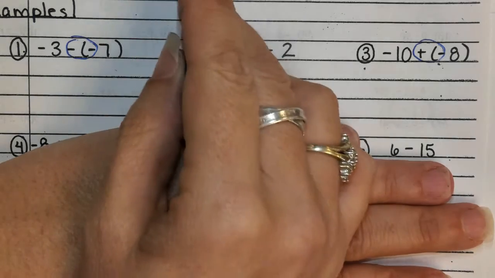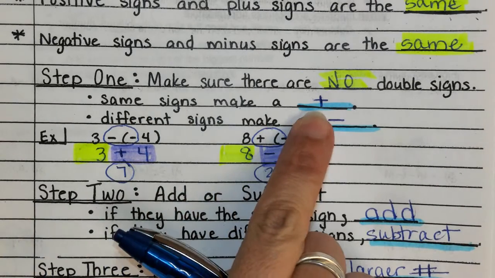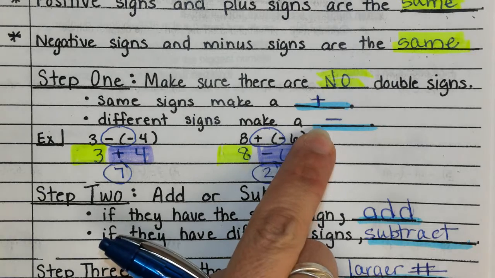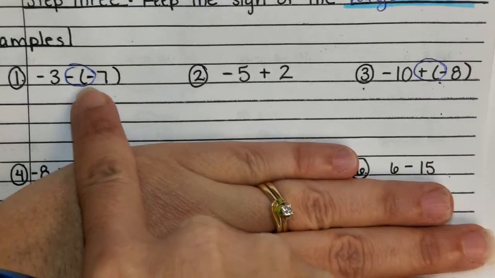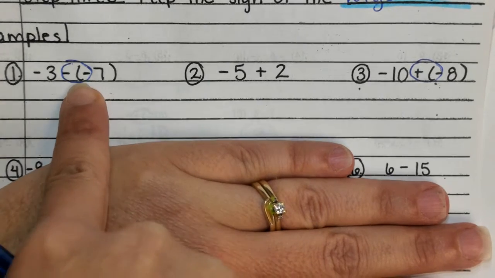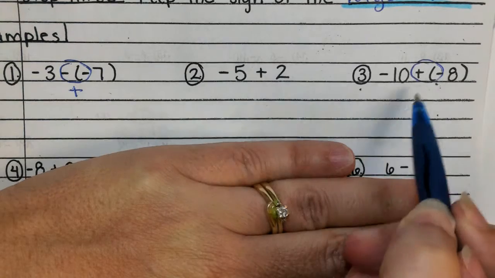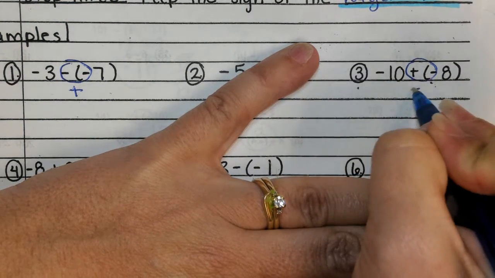Okay, now, looking at the rules up here, if they're the same sign, we're going to make it a plus. If they're different signs, we're going to make it a minus. Okay, so are these the same signs or different? Same. So we're going to make it a plus. Down here, different signs, make it a minus.